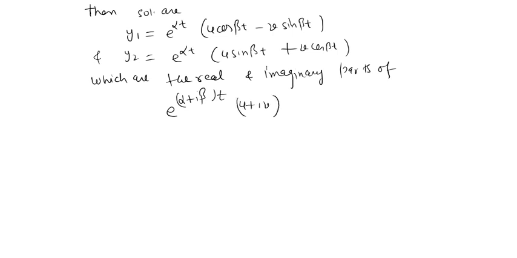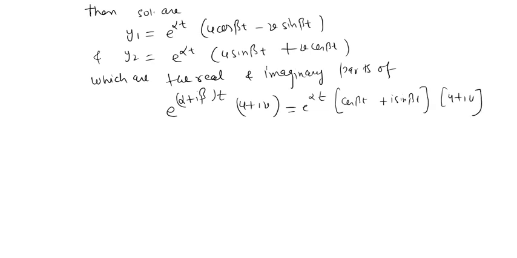So this is similar to the real case. What we had: x, which is u plus iota v, multiplied by e power lambda t, where lambda is alpha plus iota beta. Separating its real and imaginary parts, you get y1 and y2. Or further, you can write e power alpha t and e power iota beta t as cos beta t plus iota sin beta t, multiplied by u plus iota v.